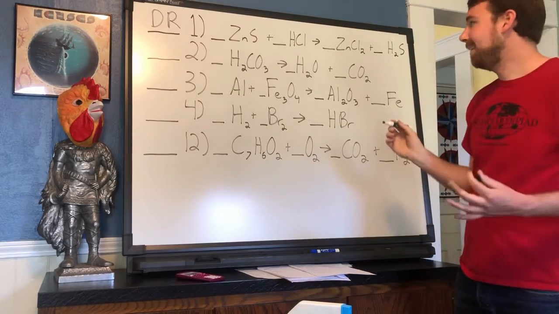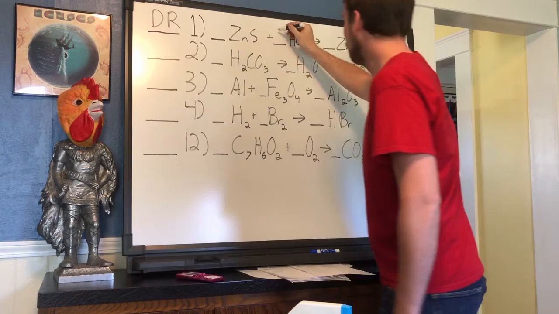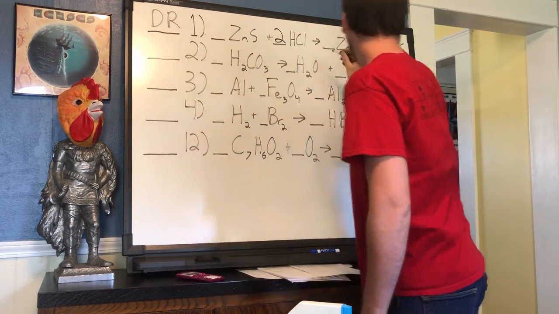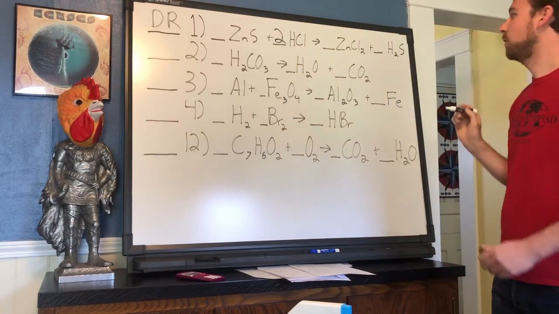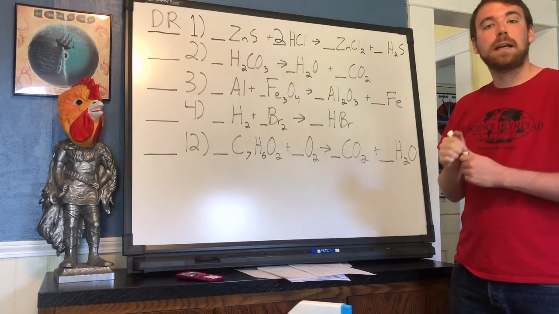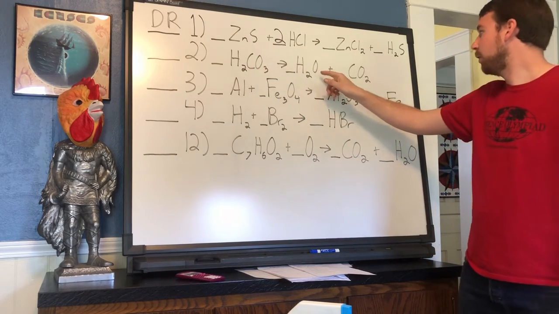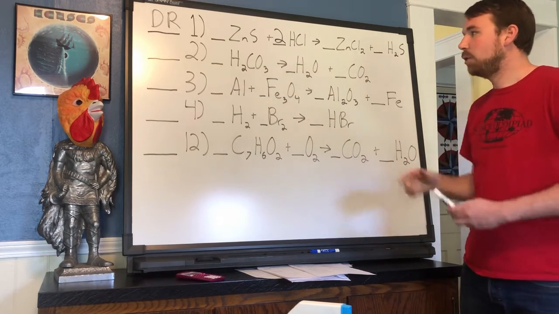Now we need to balance this reaction. We have 2 hydrogen here, so we should put a 2 there. That also balances our chlorine. Next, we have a chemical reaction where we have H2CO3 breaking down into H2O and CO2.